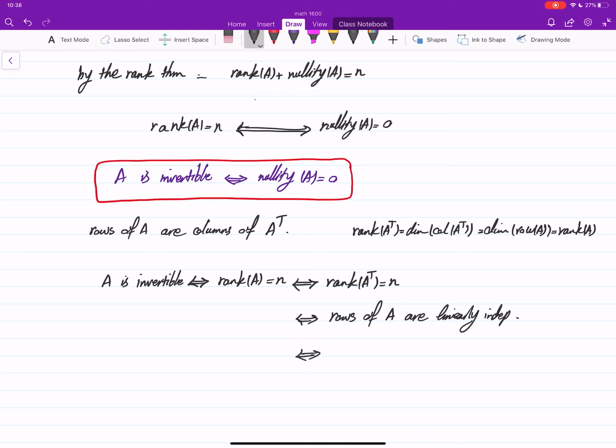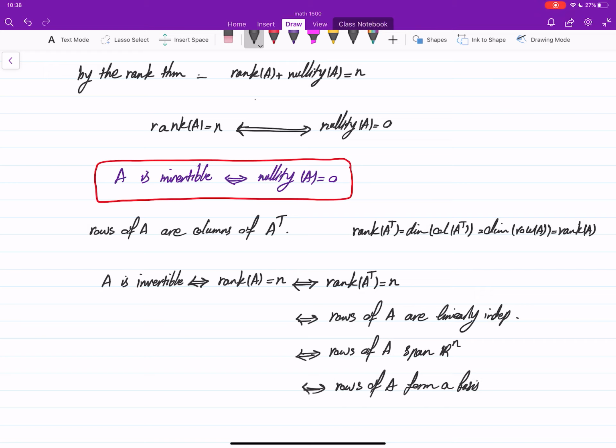Or the columns of A transpose span Rn, but the columns of A transpose are the same thing as the rows of A, so the rows of A span Rn, and this is equivalent to the rows of A form a basis.